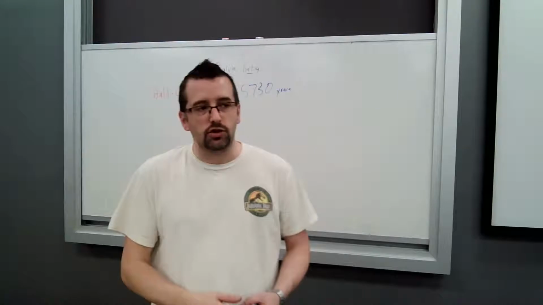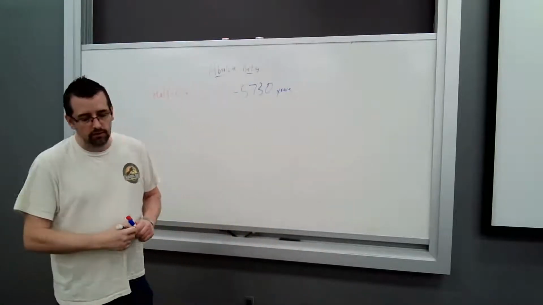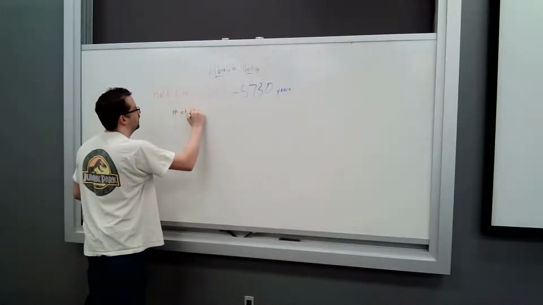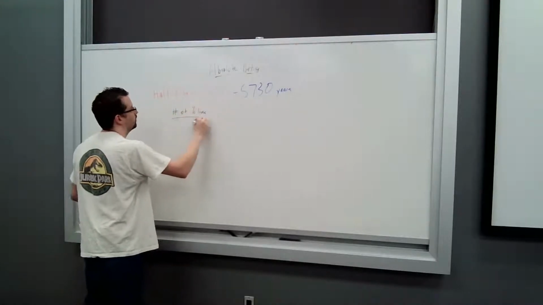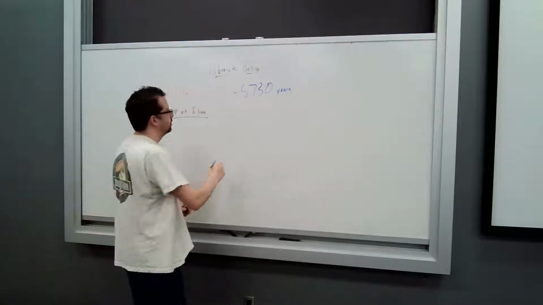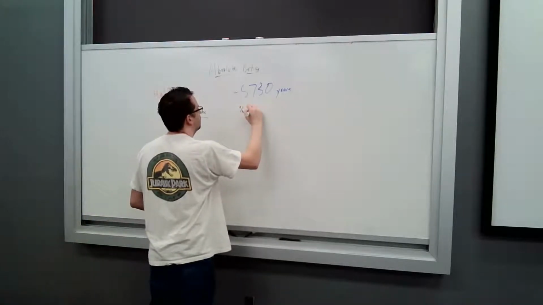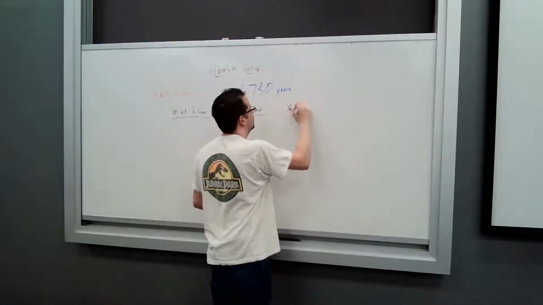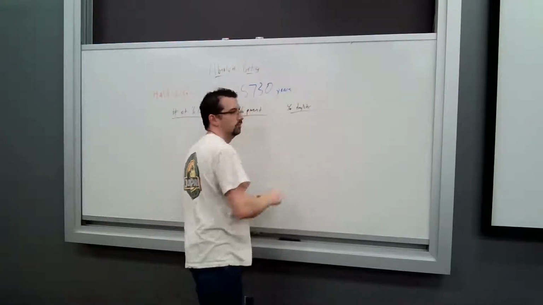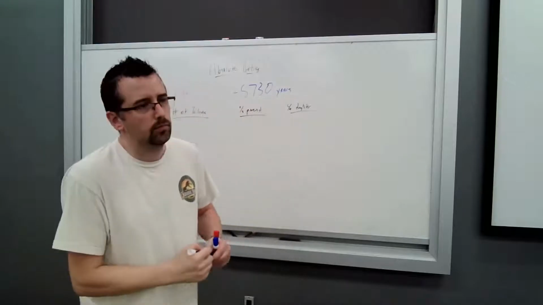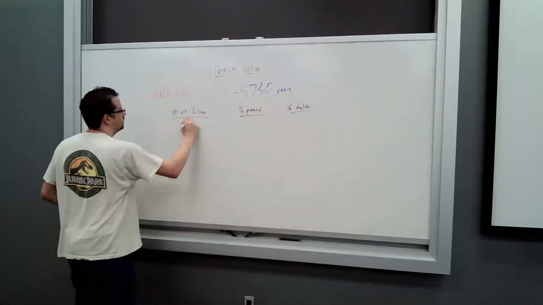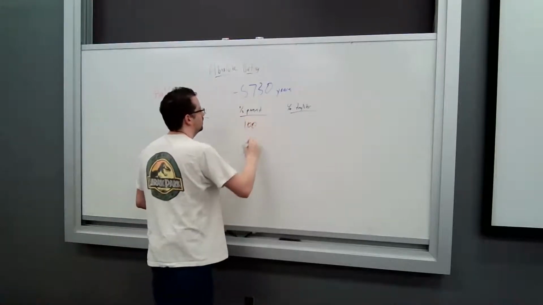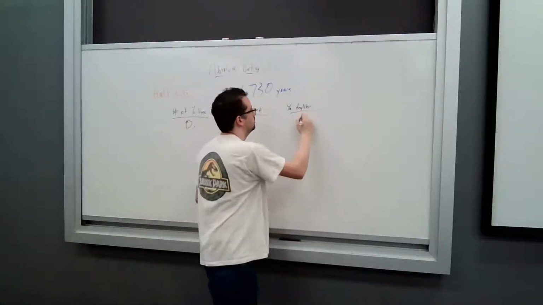So the chart on page 116 has the number of half-lives, and then it has the percent of parent material, and then the percent of daughter material. Weird names for these. Okay, so if you have a half-life of 0, that means you have 100% of the material left, and there is no daughter product.